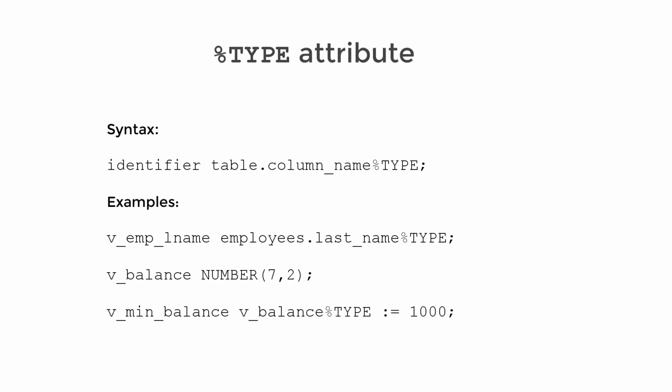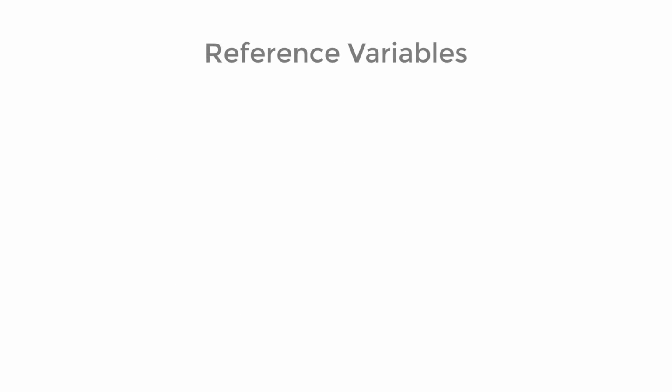When you use the percentile type attribute to declare a variable, you should prefix it with the database table and column name. If you refer to a previously declared variable, prefix the variable name of the previously declared variable to the variable being declared. By using the percentile type attribute, you can avoid errors caused by data type mismatch or wrong precision, and also ensure it is always compatible with the column that is used to populate it.